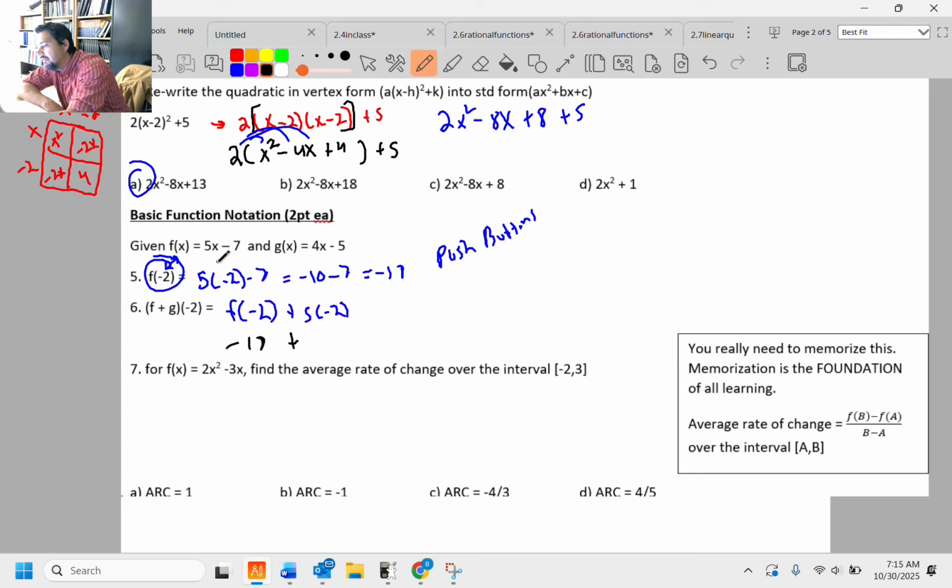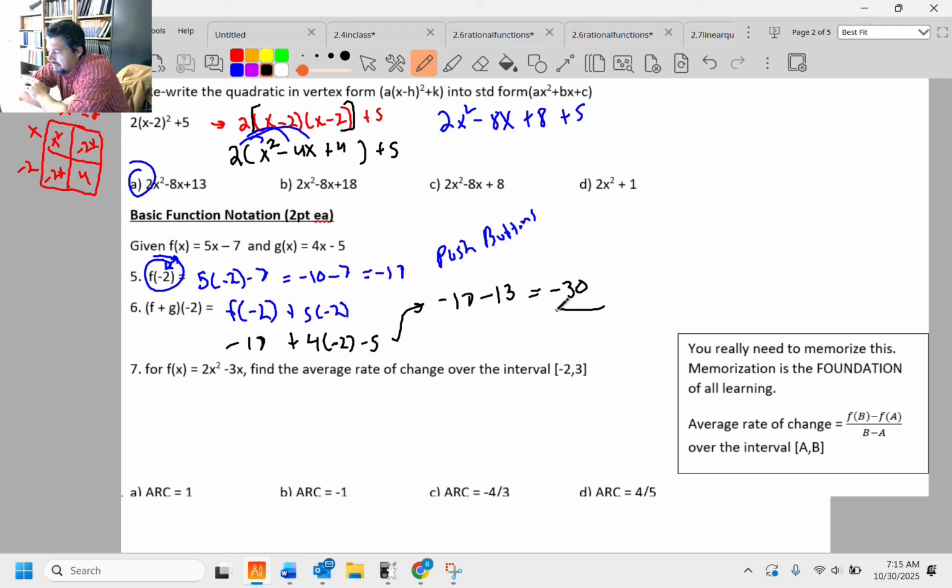We need to find g of negative 2, which again means that x is going to become negative 2. And we'll crank out some math. Here we have 4 times negative 2, which is negative 8. And negative 8 take away 5 is negative 13. And if you put those two quantities together, you get negative 30. Again, if you don't believe me, just push some buttons.